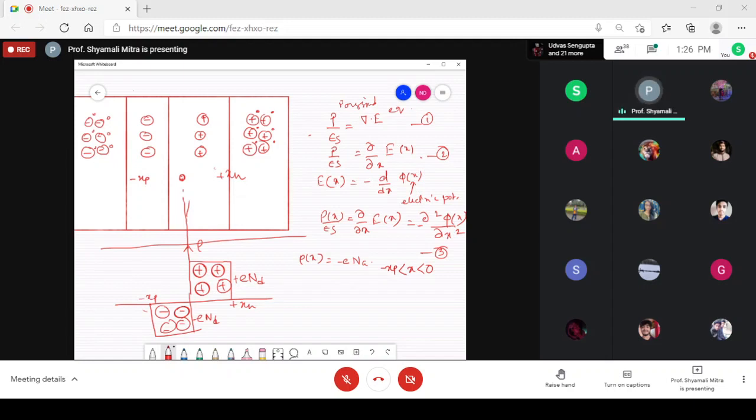Do you agree with this? We have already drawn this profile here, with rho nx and rho px. This convention is okay with me. Do you agree with these two equations?